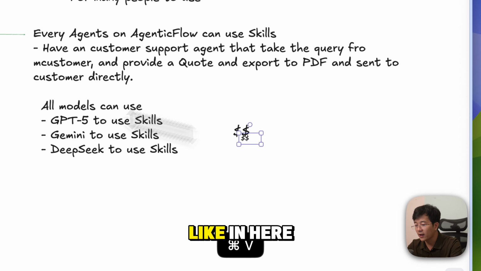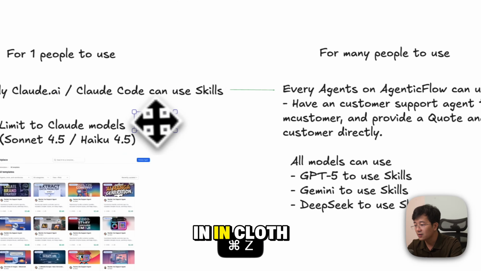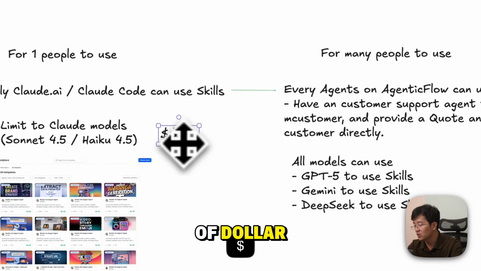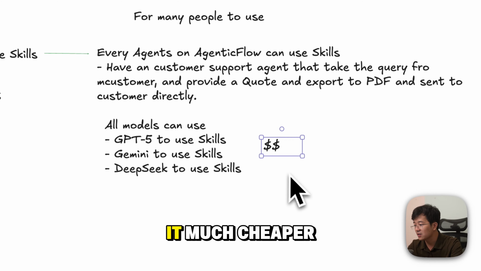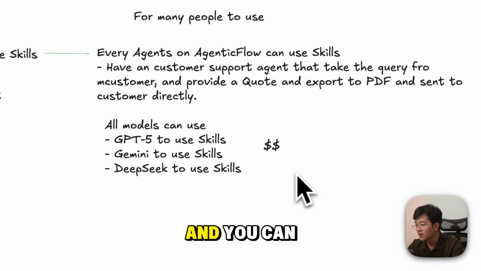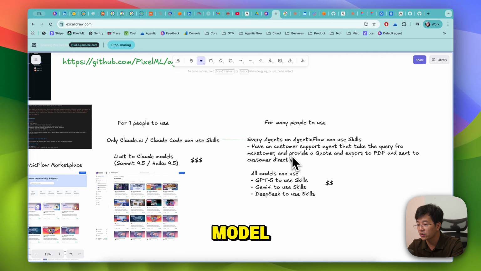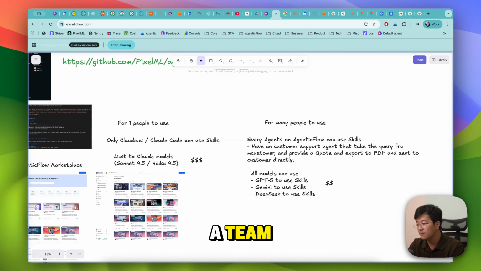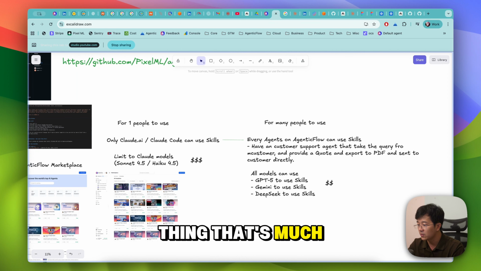For example, in Claude it can cost a lot of dollars, but here it's much cheaper and faster. And you can switch between different models to find the best one to drive this. Then you can pack that into a multi-agent system as well, because each agent is now specialized, and when you pack them into a team, they can do much bigger things.